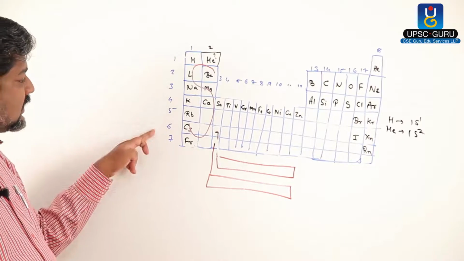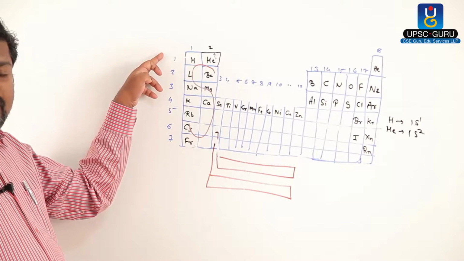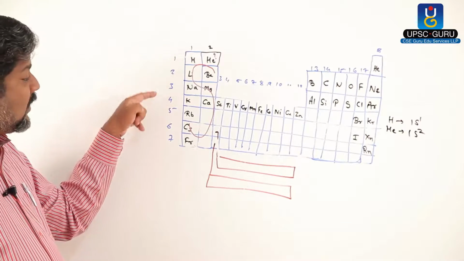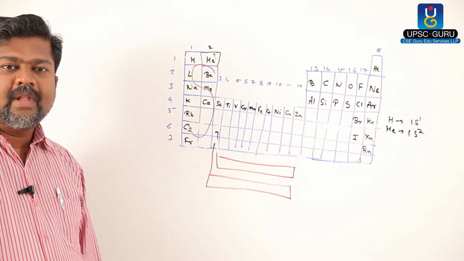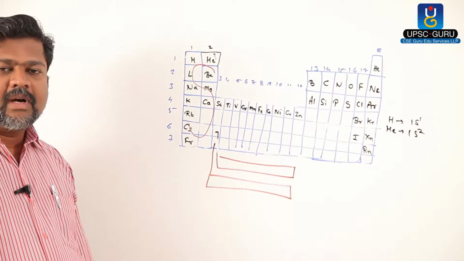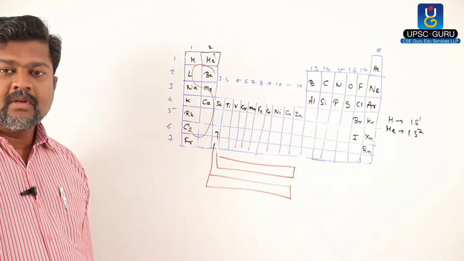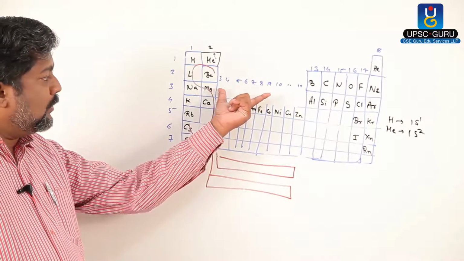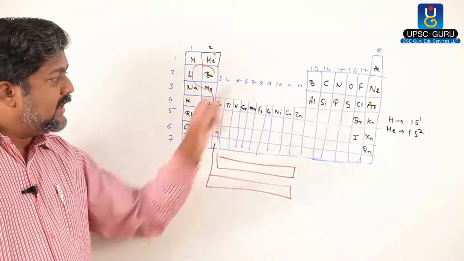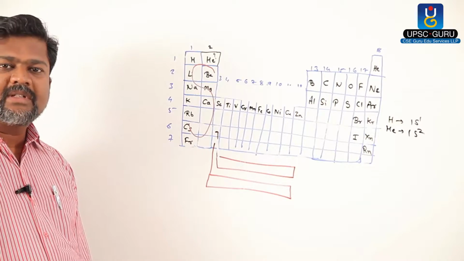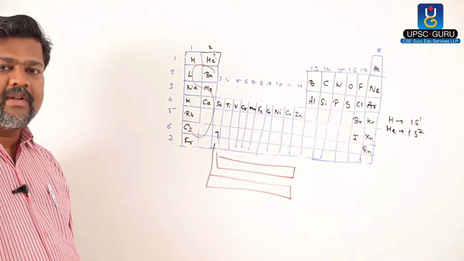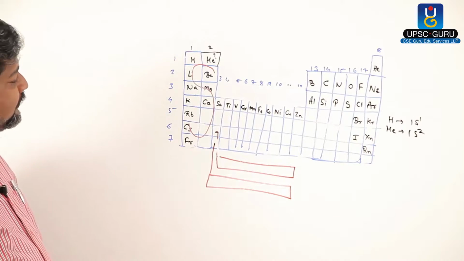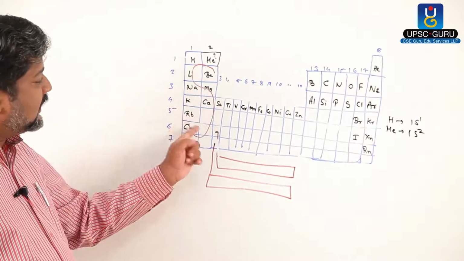So there are six periods. Out of that, the middle one is either the third or the fourth, and therefore they are considering the third. But I would like the fourth. Why? Because in the third period, these 10 elements are not present. But still, they say the third period is called the representative element.